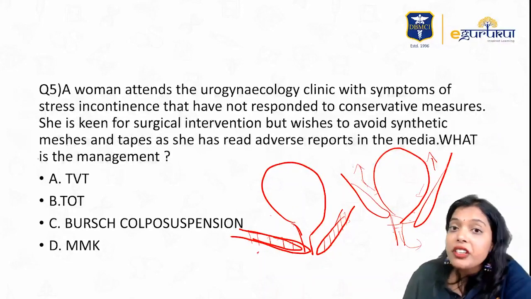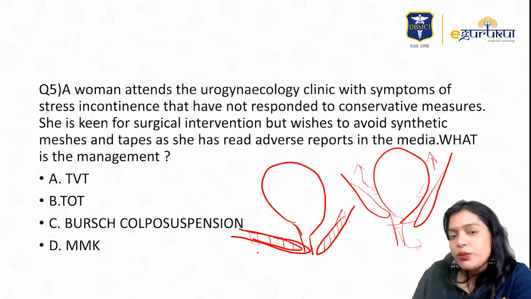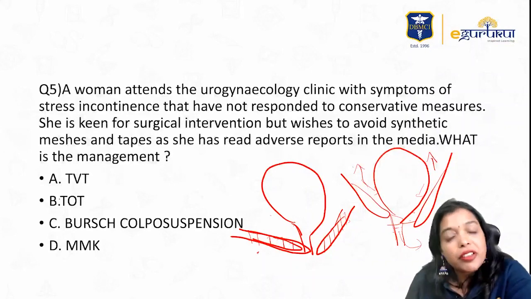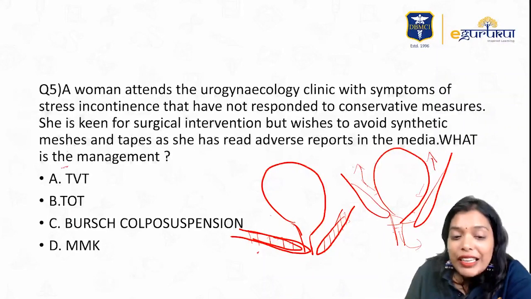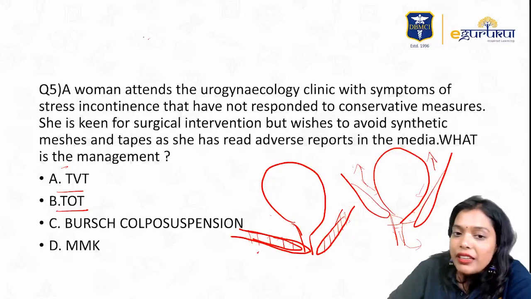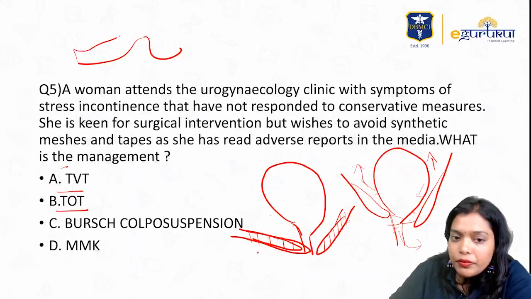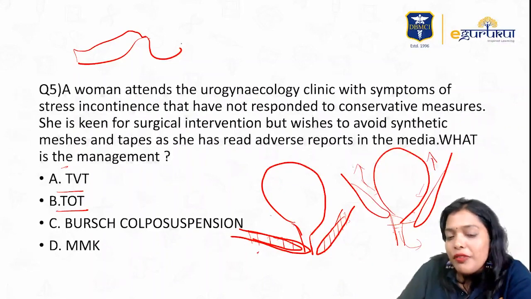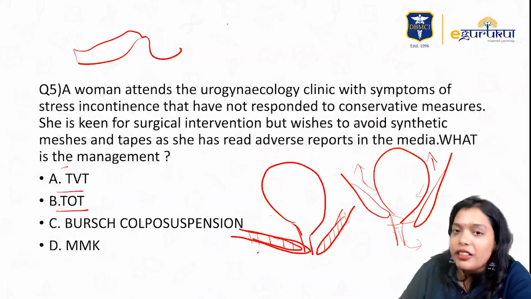There are different surgeries to do this procedure. All the surgeries given in the options are methods to do this. TVT and TOT are tension-free slings. In transvaginal tape, you have a needle with the Marlex tape. You pass from one side of the vagina and come out from the other side of the vagina and then you cut it.